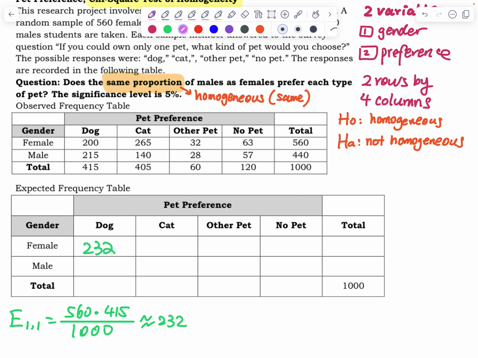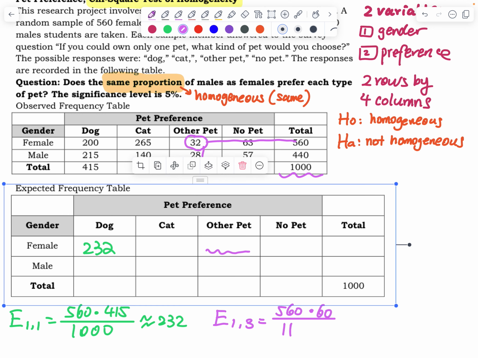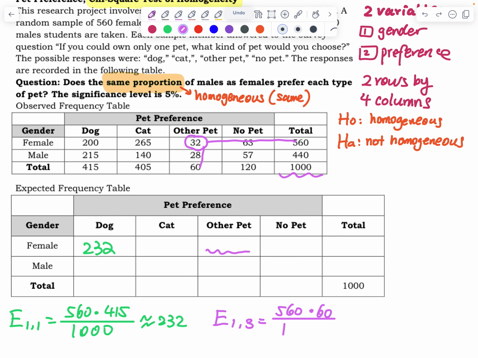Okay, let me do another one. This time I try the female and other pet, and this is expected frequency row 1, column 3, and we are using the row total, column total, and grand total. So that is 560 multiplied by 60 divided by the grand total 1,000. This is approximately equal, to be precise, 34.